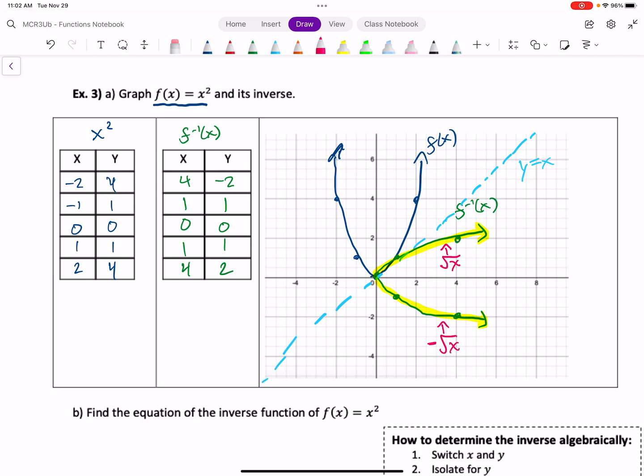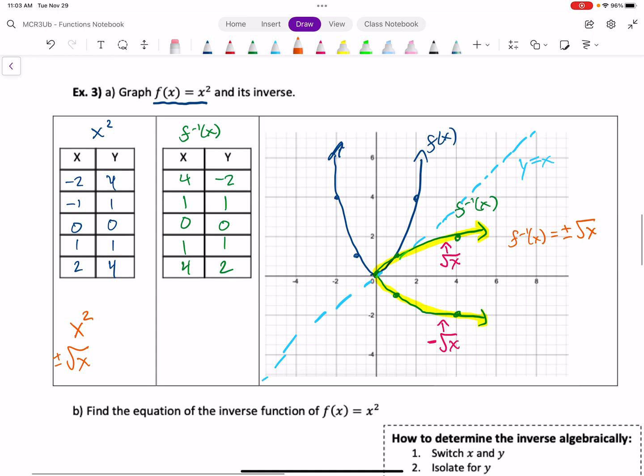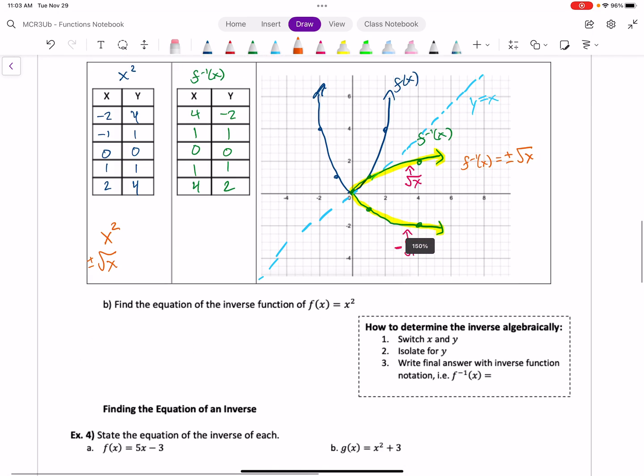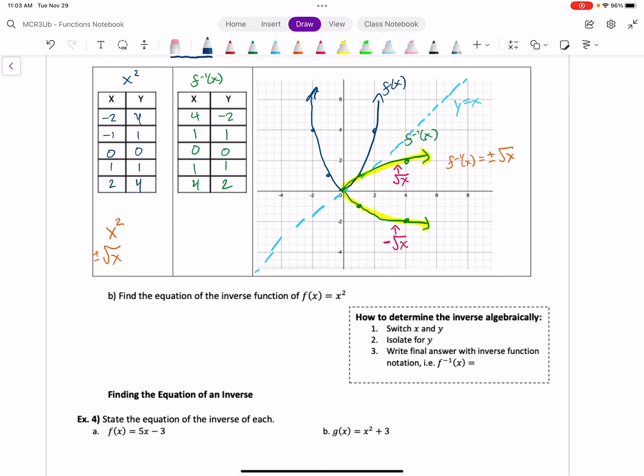And there's a reason, and we're going to show it algebraically, but let me just label this f to the negative 1 of x. The actual equation is plus or minus root x. If you think about x squared and the inverse function of that, the inverse function of squaring is just square root it. And so what happens is you get the inverse operation, and I'm going to show it algebraically below. So again, if you need to, you can pause there for a second.